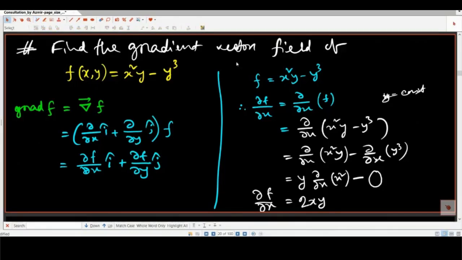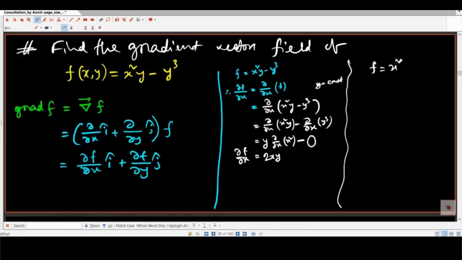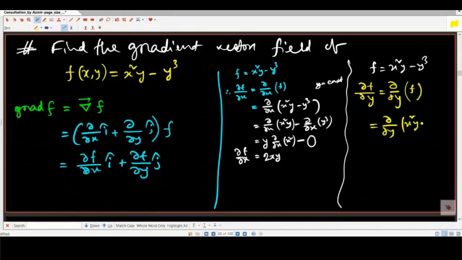Similarly, we have to find ∂f/∂y. So f equals x squared y minus y cubed. Let's find ∂f/∂y. That means we are going to differentiate in terms of y. So ∂/∂y of x squared y minus y cubed. Since we are doing the partial derivative in terms of y, this time x will be constant.